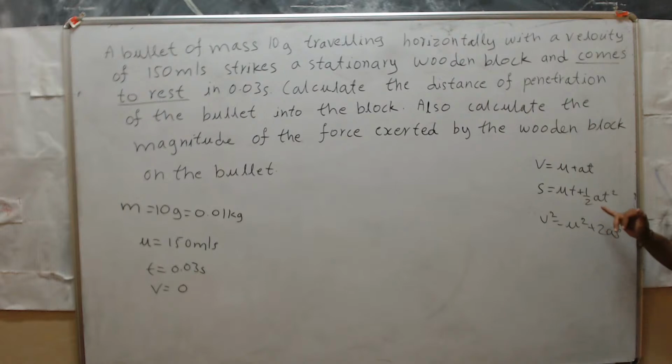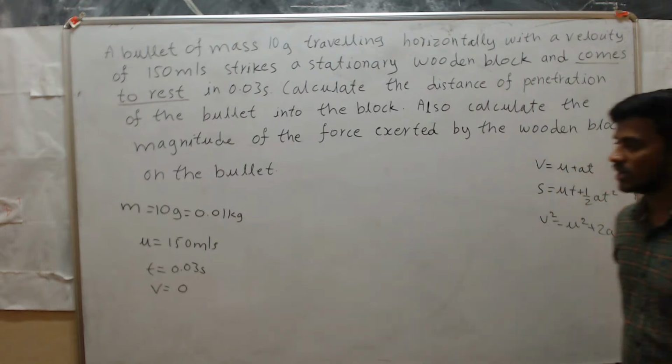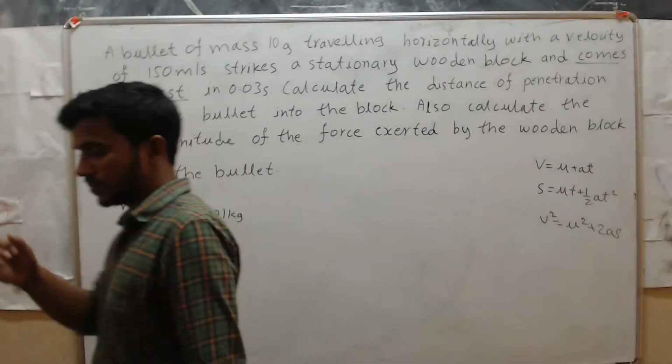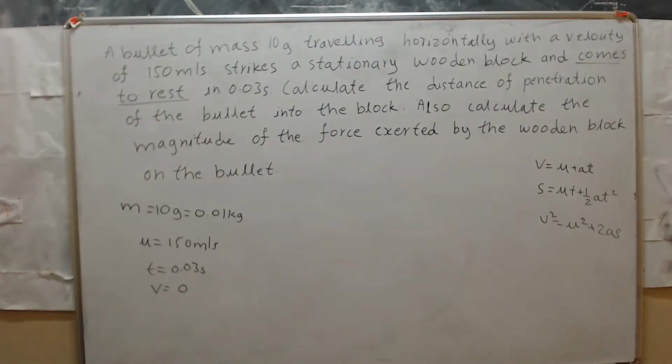But here we don't know acceleration, if you use this one, or this one. So first calculate acceleration. Just use this one. Here we know v value, u value, and t value. So we can calculate acceleration, right? Yes. First calculate the acceleration of that bullet. Okay. So tell me, what is the acceleration?